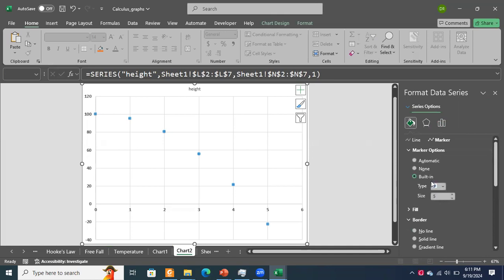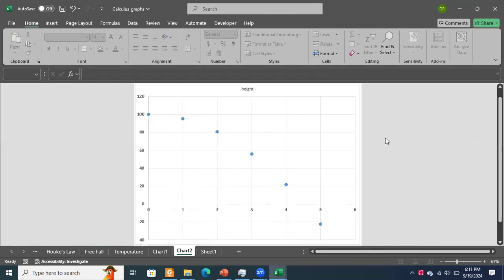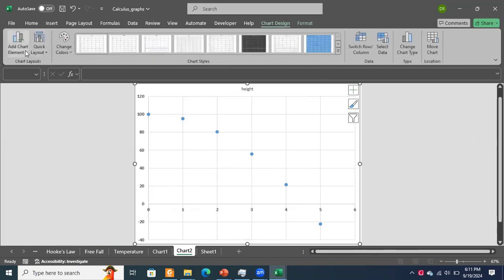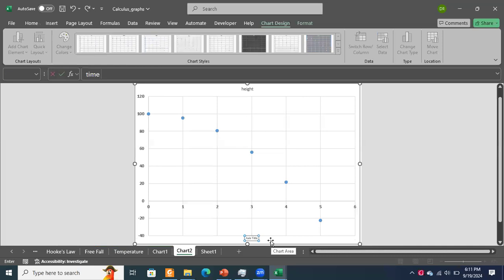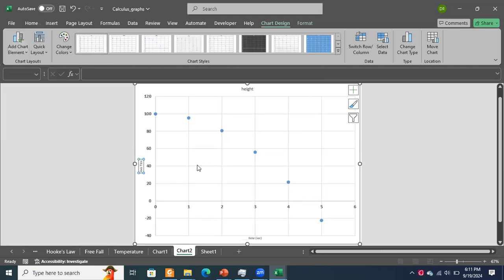So marker options, increase the size so that they are easily visible. And for the reference of axis, in the chart options, I add axis titles. Primary horizontal is time in seconds, and the primary vertical axis should be the height h of t in meters.